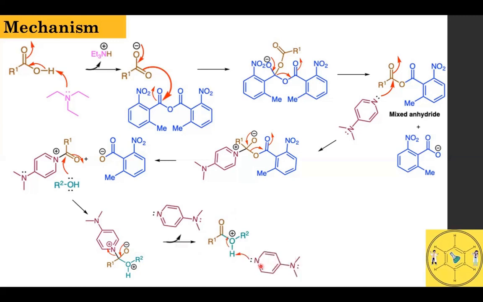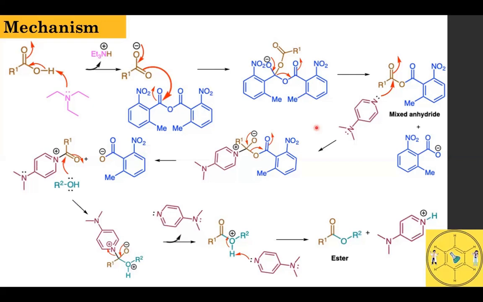Then DMAP readily takes the proton from this intermediate, which provides the corresponding ester as well as protonated DMAP. So in this reaction, DMAP acts as an acyl transfer reagent, and MNBA acts as a dehydrating agent in this Shiina esterification.